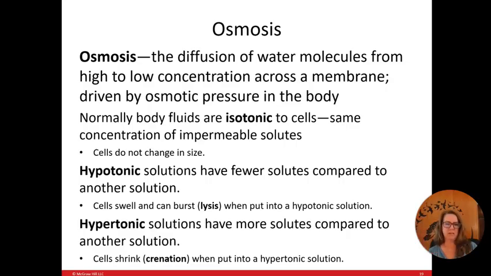Now, let's take a look at the bullet here under hypotonic. If I were to give a patient not normal saline, but something with a lower amount of salt, so instead of 0.9, a 0.45 solution of salt, let's think of what's going to happen.